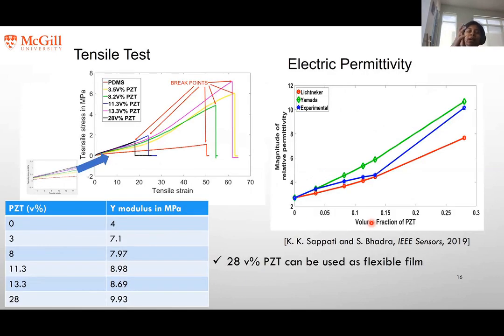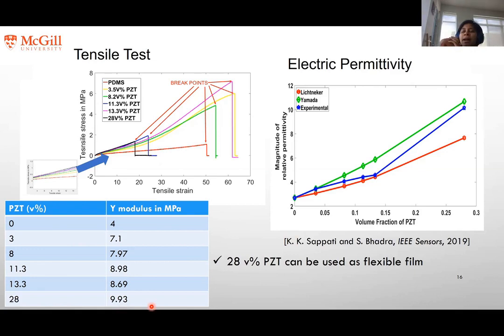So then we also wanted to see how flexible they are. So we did a tensile test. You can see that as we increase the volume percentage of PZT in the composite, the Young's modulus starts going up.